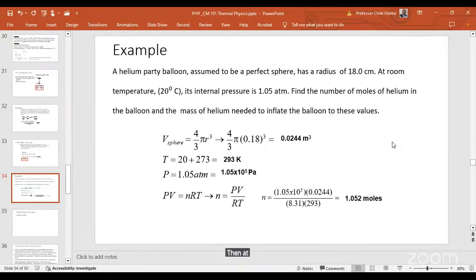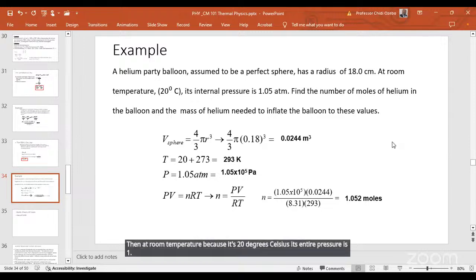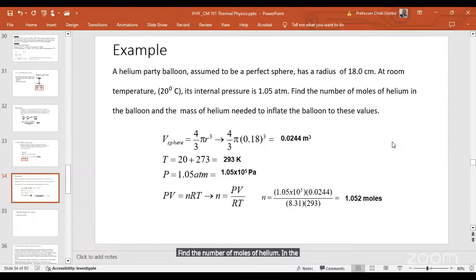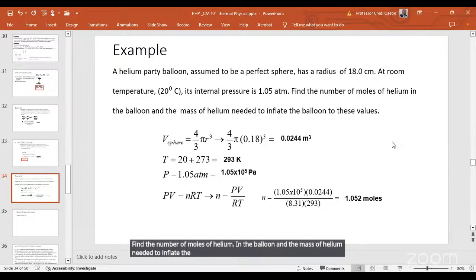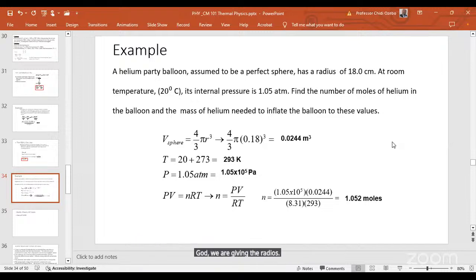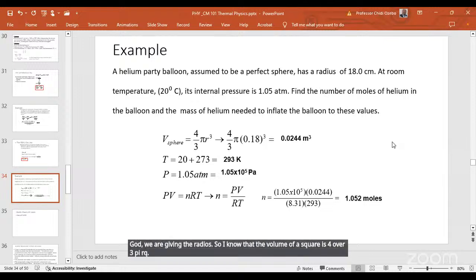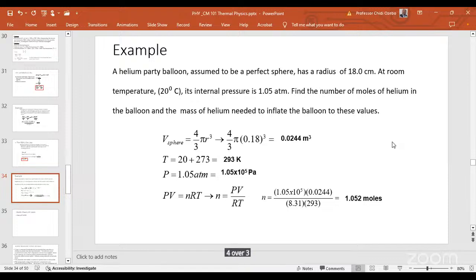At room temperature, which is 20 degrees Celsius, its internal pressure is 1.05 atm. Find the number of moles of helium in the balloon and the mass of helium needed to inflate the balloon to these values. First of all, we are not given the volume of the balloon directly, but we can calculate it because we are given the radius. The volume of a sphere is 4/3 pi r cubed. We are given r, pi is a constant, so you just substitute there.